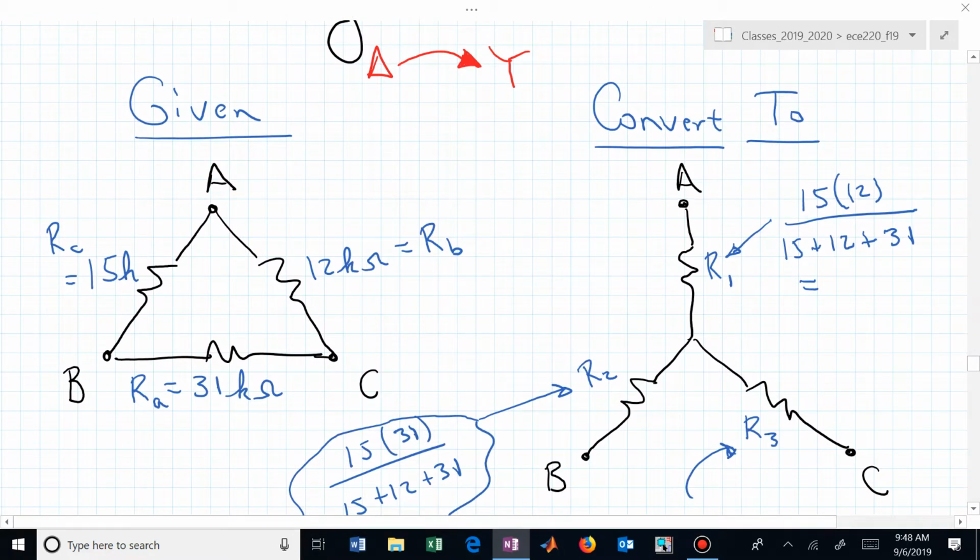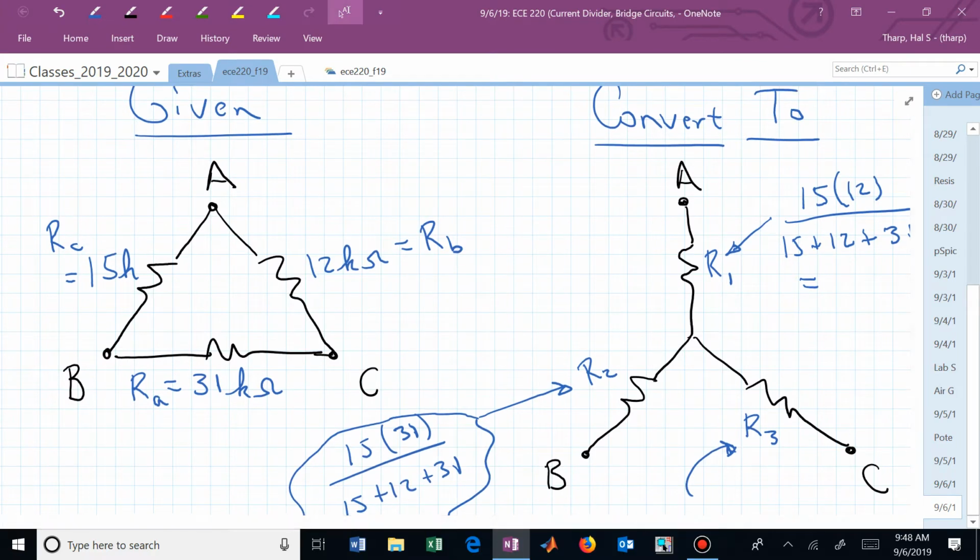The way to do it, to go from delta to Y, here's sort of the process. You can sort of visualize this Y inside the delta, and right here is the R1. Here's R2, and here's R3. That's the visual, or the image you kind of want to be keeping track of.